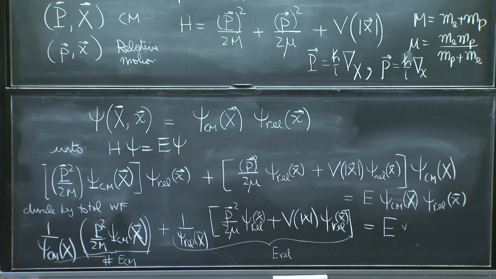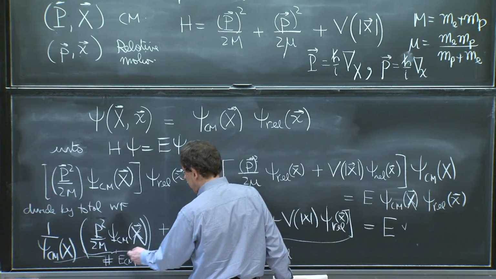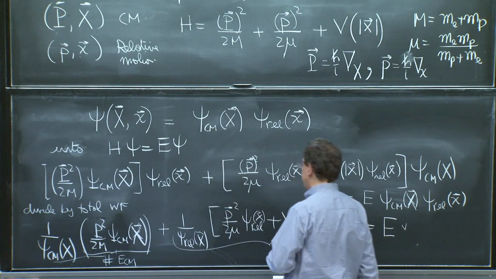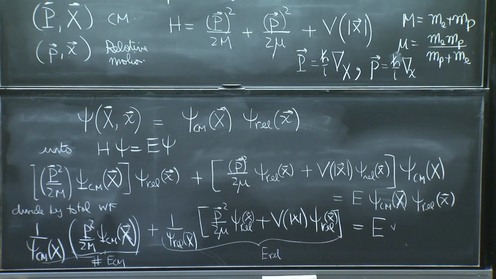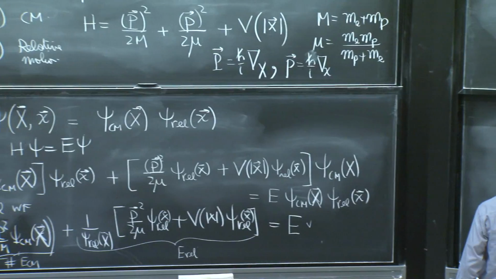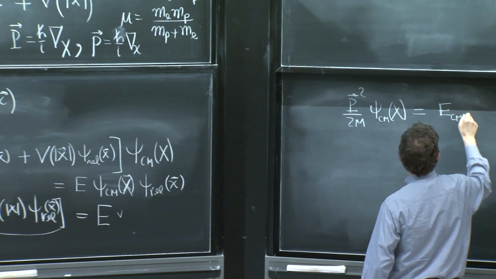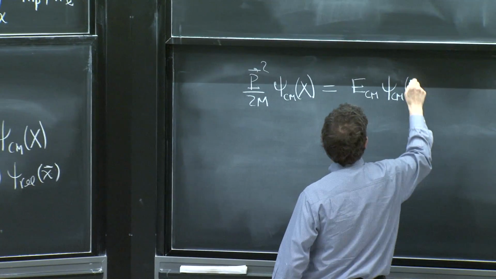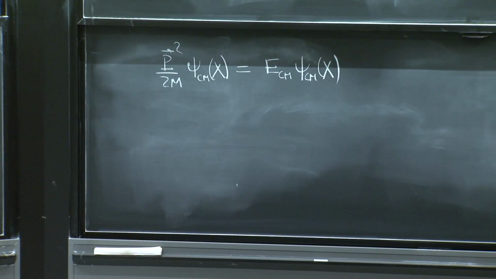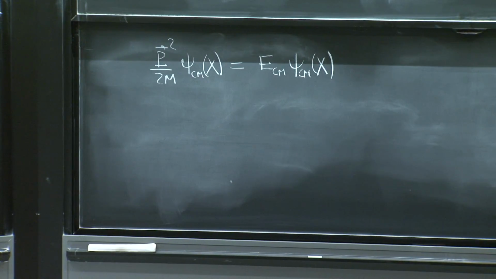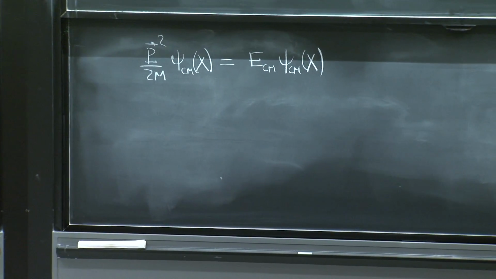So our conclusion is that if this first term is a number equal to ECM, we can multiply by psi CM and get p squared over 2m psi CM of X equals ECM times psi CM of X, which is a time-independent Schrödinger equation for a wave function psi CM that is moving freely.